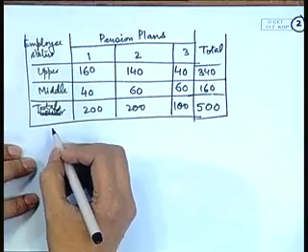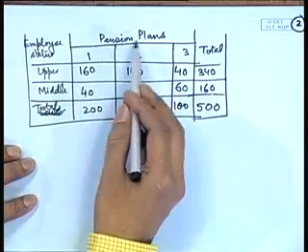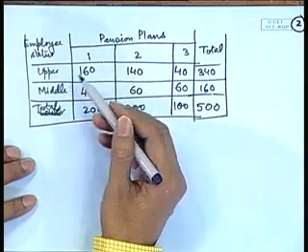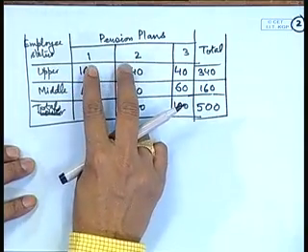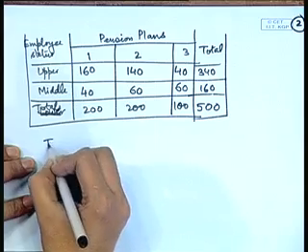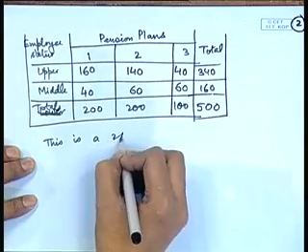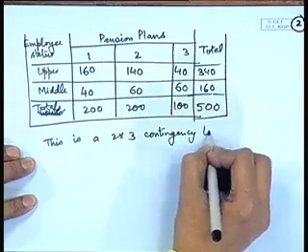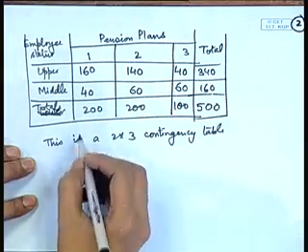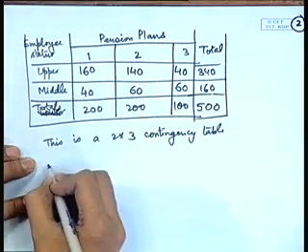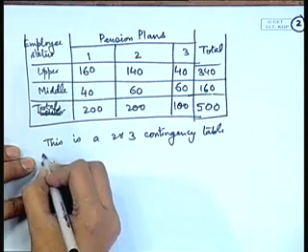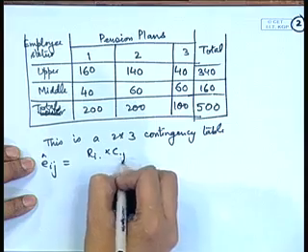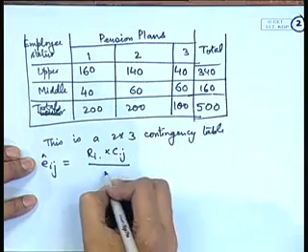Now we want to test whether the choice of pension plan is independent of the employee status. This is a 2 by 3 contingency table. The values of the Eij's are calculated by Ri dot into C dot j divided by n.